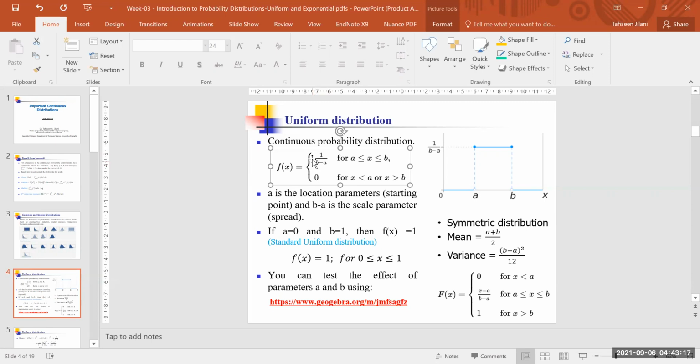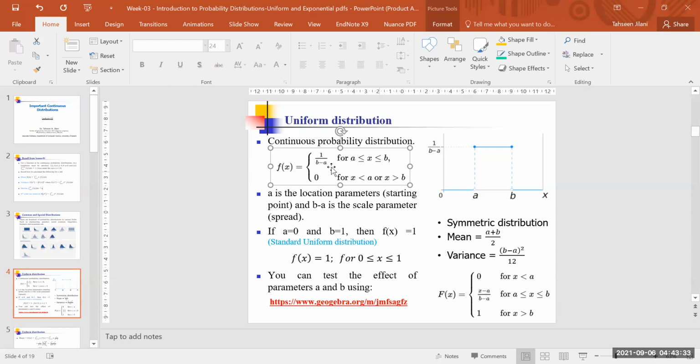It is a very simple distribution. Suppose b is equal to 50 and a is equal to 10, so it will be 1 over 50 minus 10. That will be 1 over 40. So this function depends on the two parameters a and b.